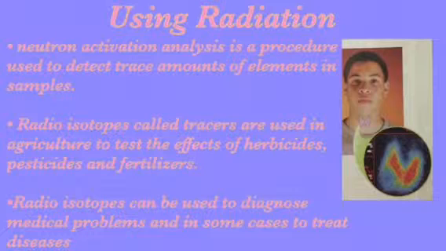The scan image on the screen is an image of a thyroid gland that shows where the radioactive iodine-131 has been absorbed. Doctors use these images to identify thyroid disorders.